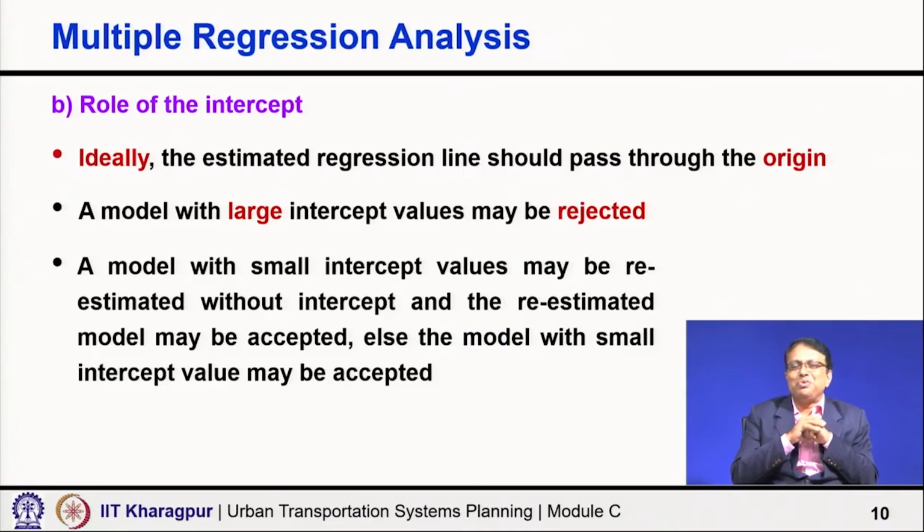But in some cases you may find, and we do not know now which is a small value and which is a large value. I said that if it is small, but what is a small value? It is all relative. By forcing it to pass through the origin, you may find the whole model is distorted.